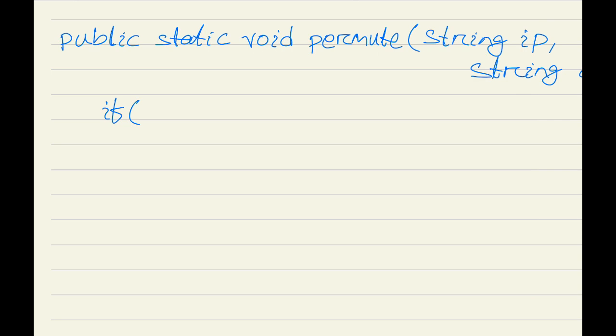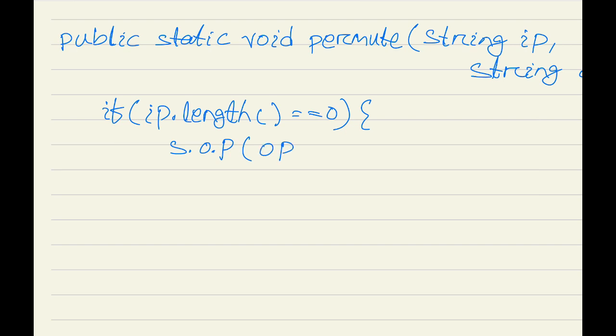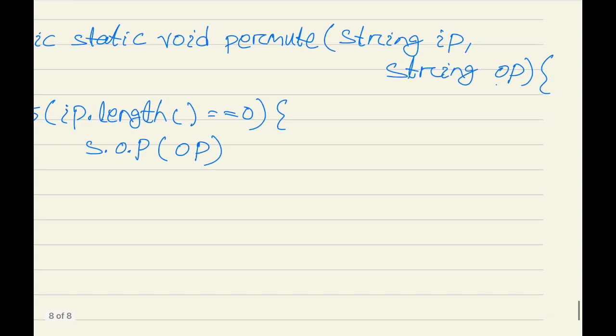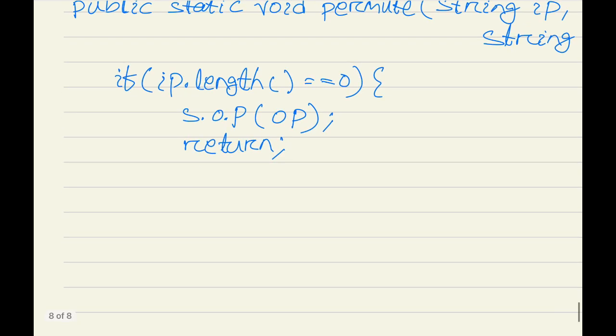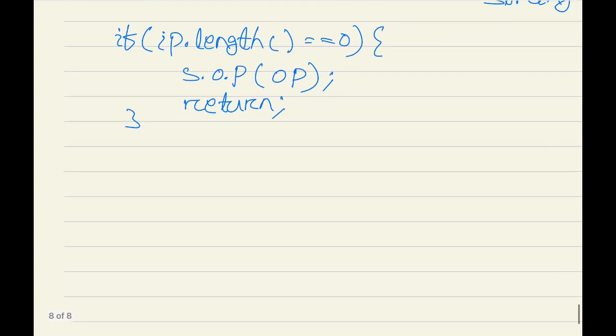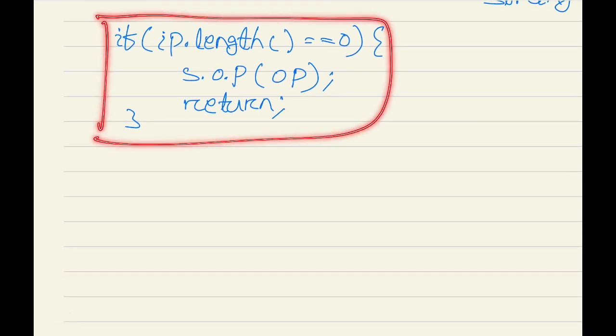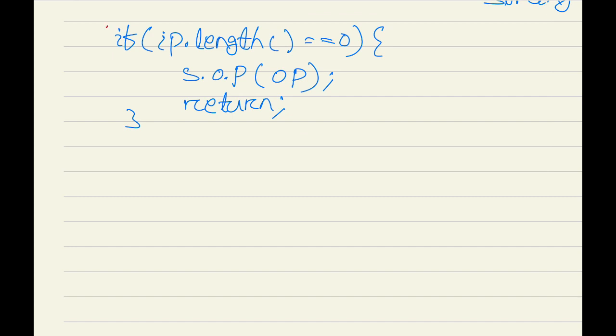So for that we can write if IP dot length equal to 0, then we can print System.out.println, in short I am writing s.o.p, OP for output, and just return. So the base case is completed. Let me box it.